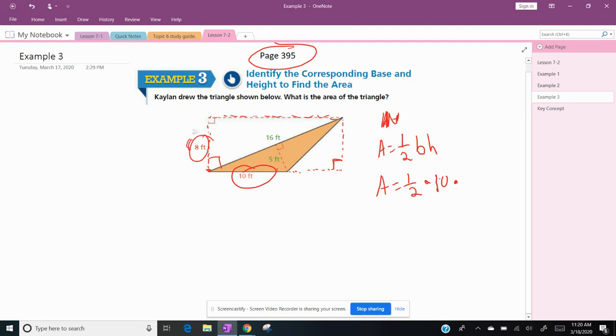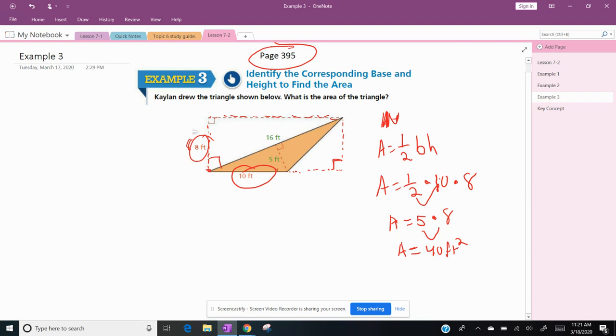So it's going to be that 8 right there. I could do this as 1/2 times 10 would be 5, or I could say half of 10 is 5. So area is going to equal 5 times 8, and that gets me area equals 40, and the units are feet squared.